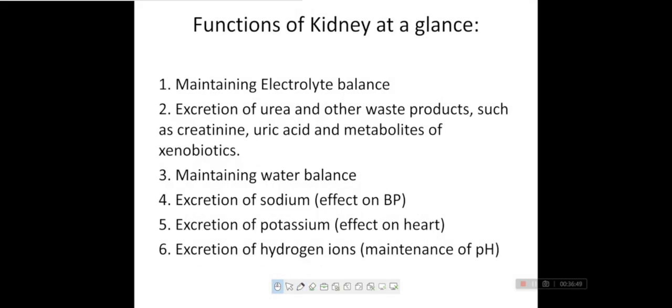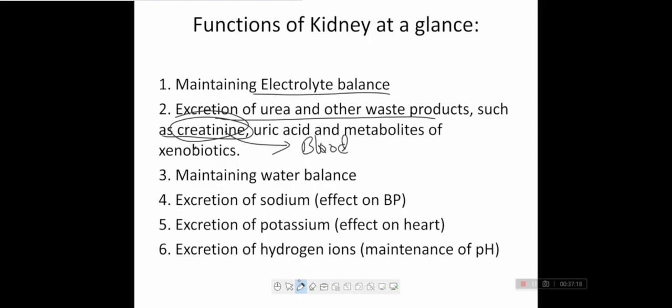Clear? Next is the function of the kidney at a glance. Already you know the function of the kidney. The kidney maintains the electrolyte balance, and excretes urea and other waste products such as creatinine. Creatinine, remember this. When the kidney does not function properly, this creatinine goes into the blood.